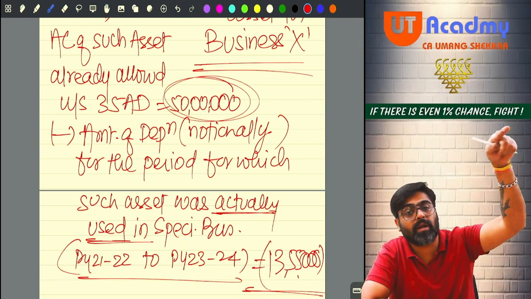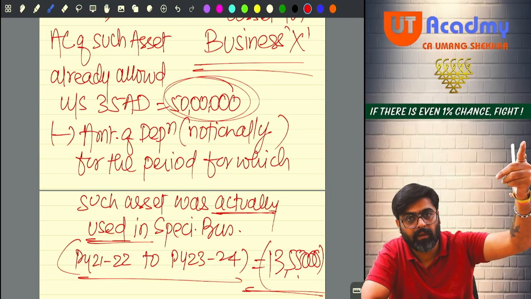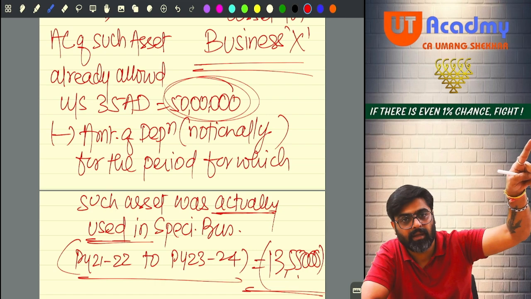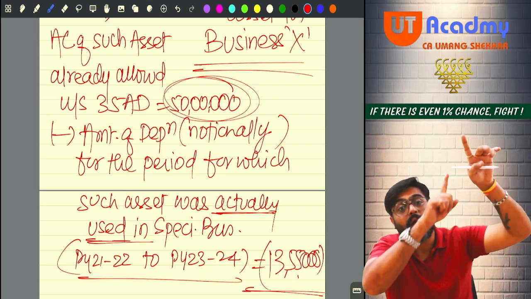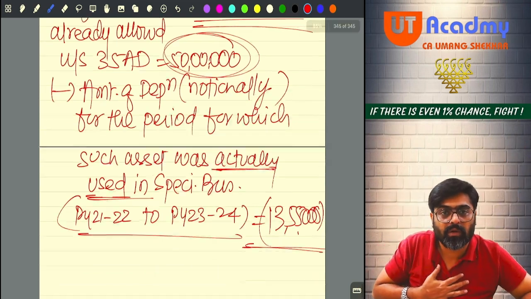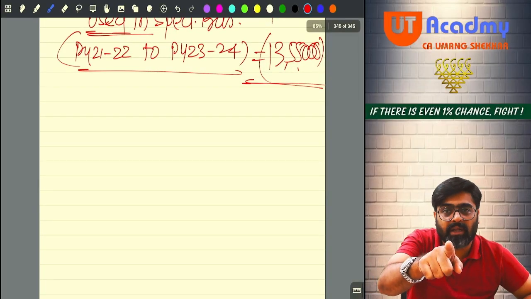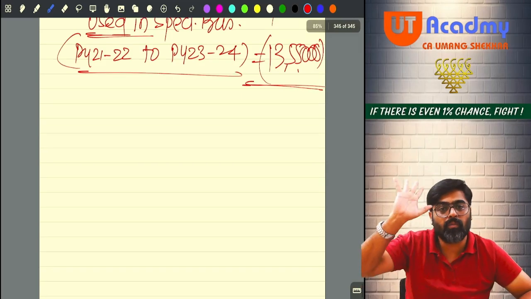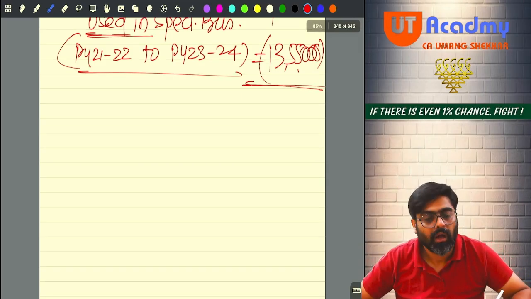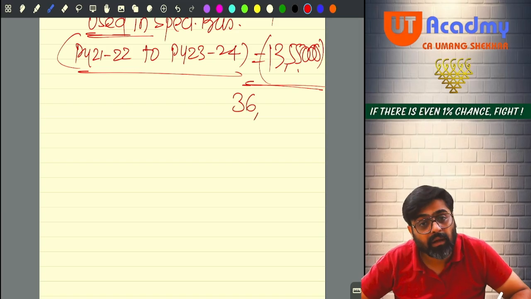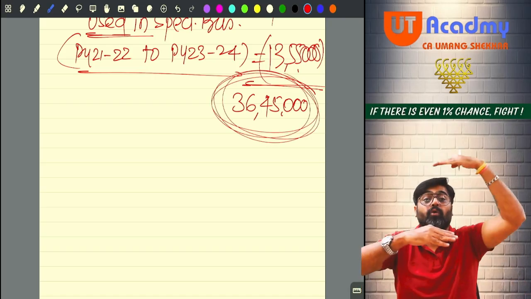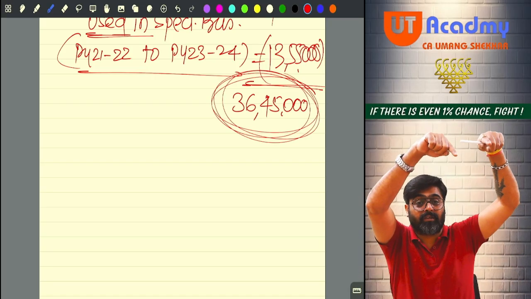If we would not have allowed this amount under 35AD, that means out of that 50 only we would have allowed this 13 lakh 55,000 in the form of depreciation in the last 3 years. Then how much amount extra? 36 lakh 45,000.